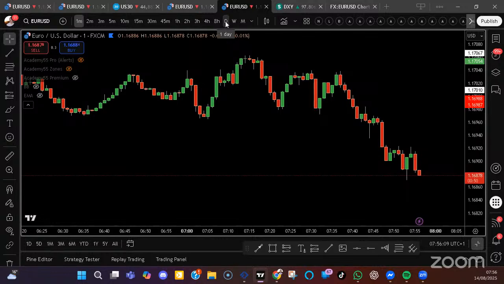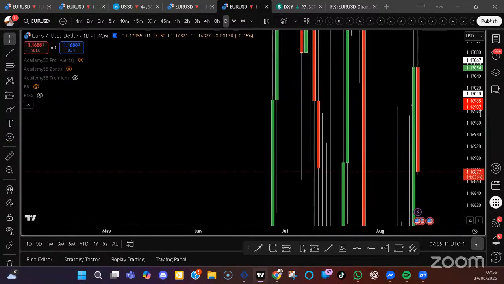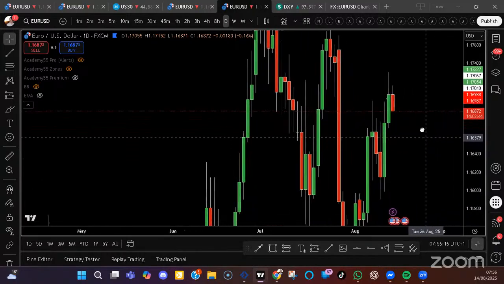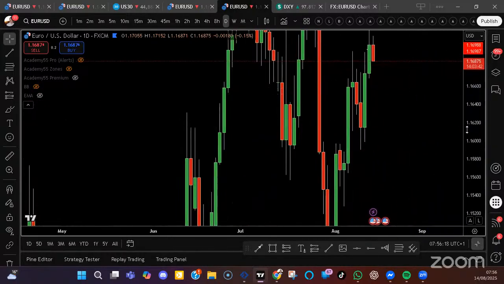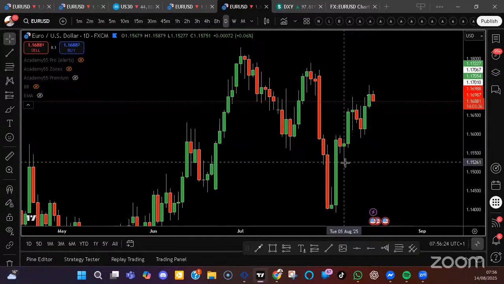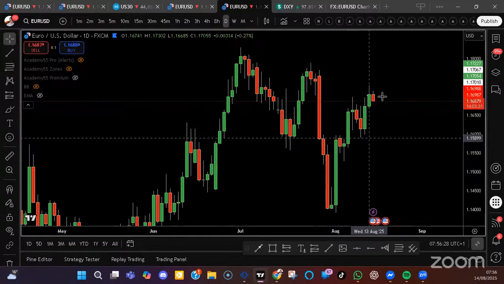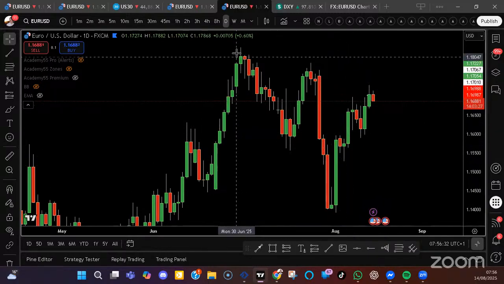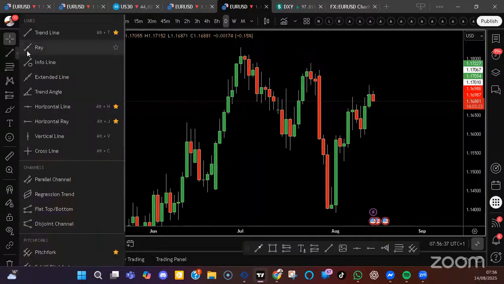And I'm going to go on to the daily chart at the moment, just to see the bigger picture, what we think could be happening as far as the trend is concerned. There are no immediate imbalances to be seen on the daily. Well, there is one down here, but that's so far away I'm not going to bother marking that one up. But there is a general trend at the moment.